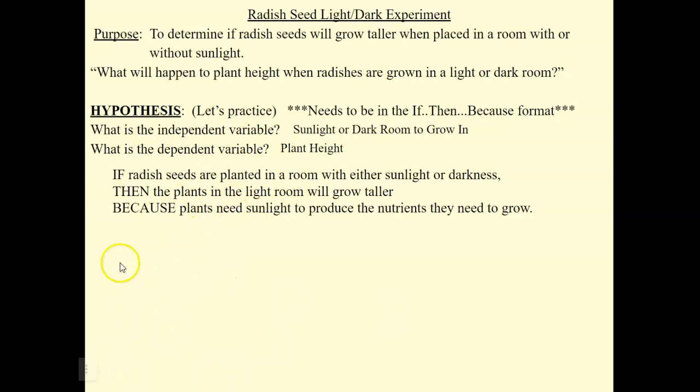And that, my friends, is one way to represent a hypothesis. I would love to see you, when writing hypotheses, to use the if, then, because format.